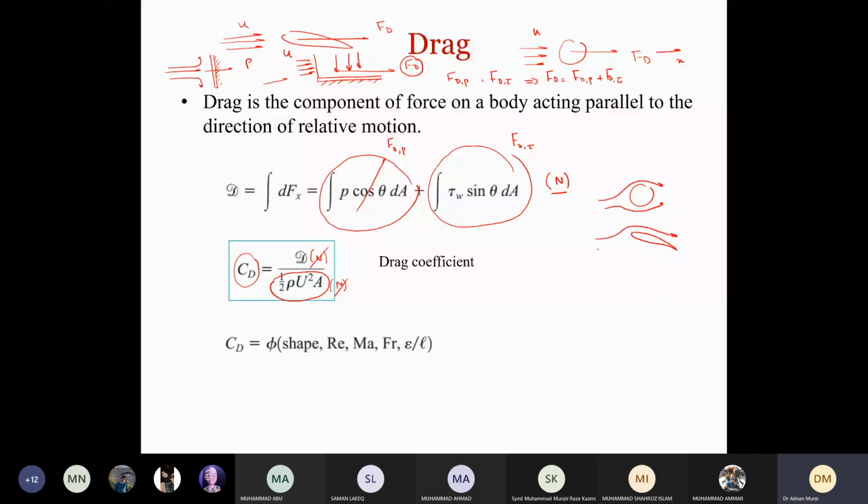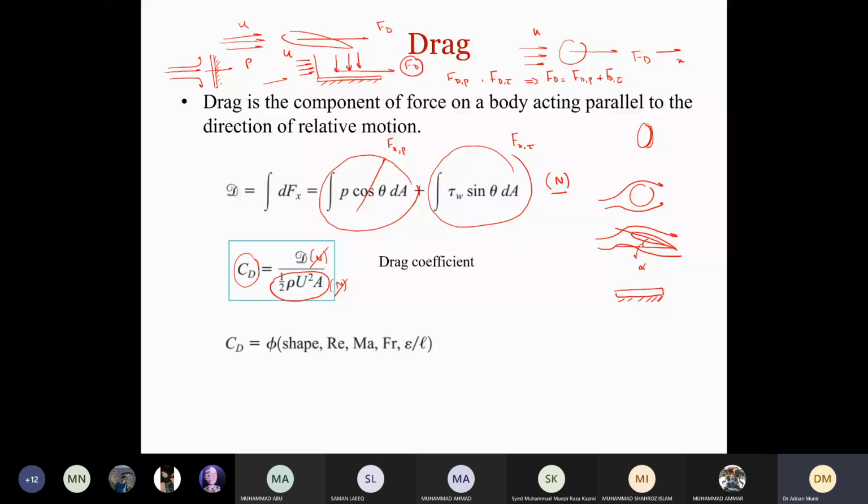If we increase the angle of attack of this aerofoil, again, because of the changing angle of attack, the CD value will change. If we have a flat plate, it will be different. If we have a circular disc, the value of CD will be different. If we have a sphere, it will be different. So CD is a function of many parameters.